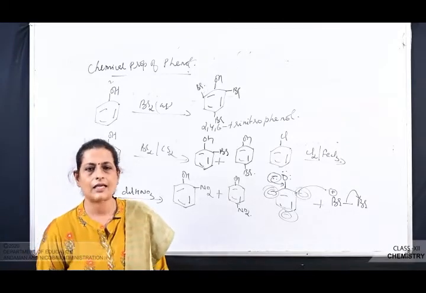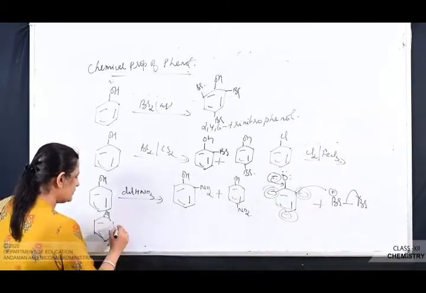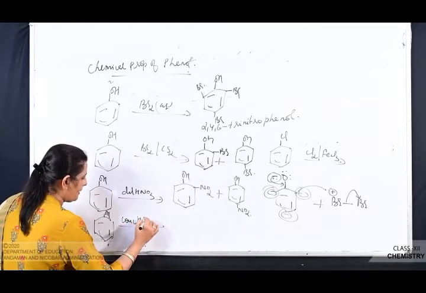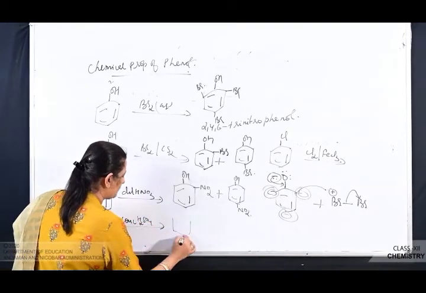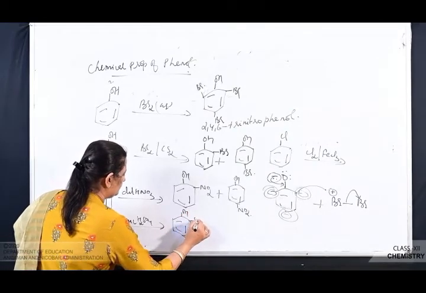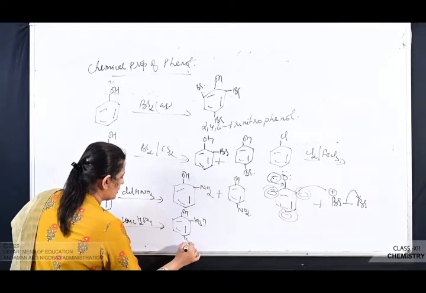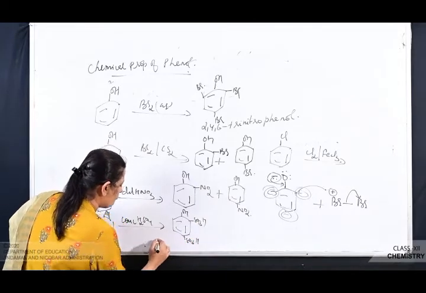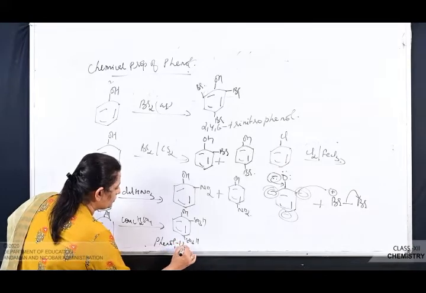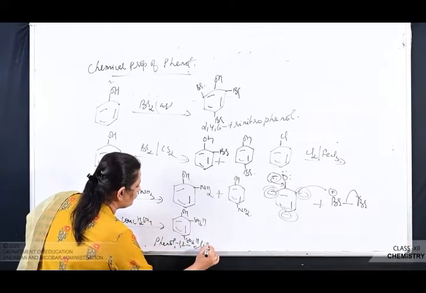But nowadays picric acid is prepared how, you know? First this is treated with concentrated sulfuric acid and you get SO3H, SO3H, that is phenol 2,4 disulfonic acid.